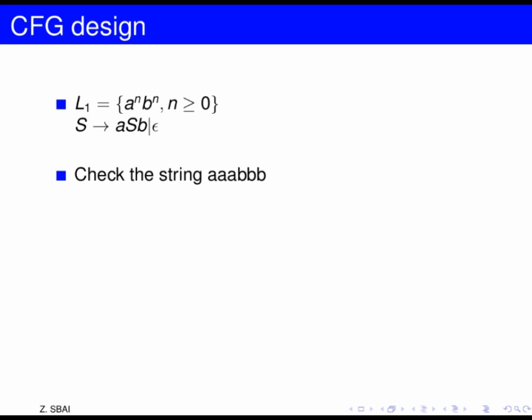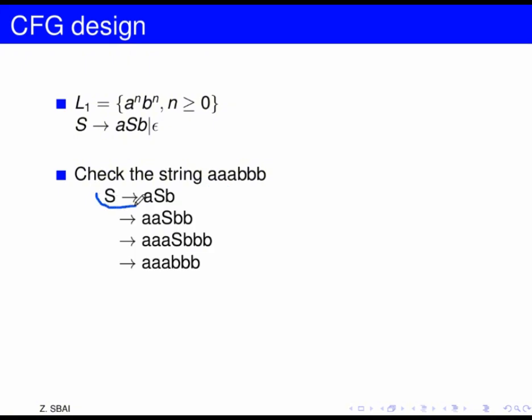After designing this grammar, we may check if the string AAA BBB is accepted. For this, we can apply the first substitution: S derives A S B. So this A appeared and also this B appeared.